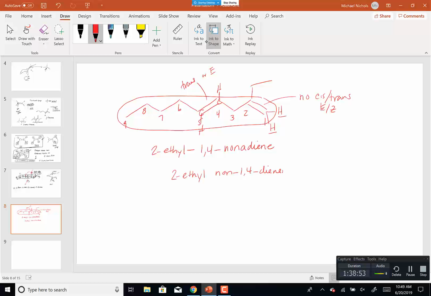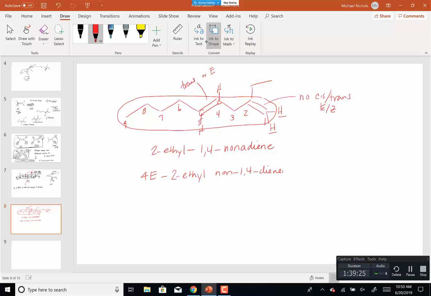So if we had multiple bonds with multiple EZ designations, what did we say this one was? E? Now, if I just said E, I would be okay because number 1 doesn't have a cis, trans, or EZ. But just for the sake of clarity, since we're new at this, I would say it's the 4E-2-ethyl non-1,4-diene.